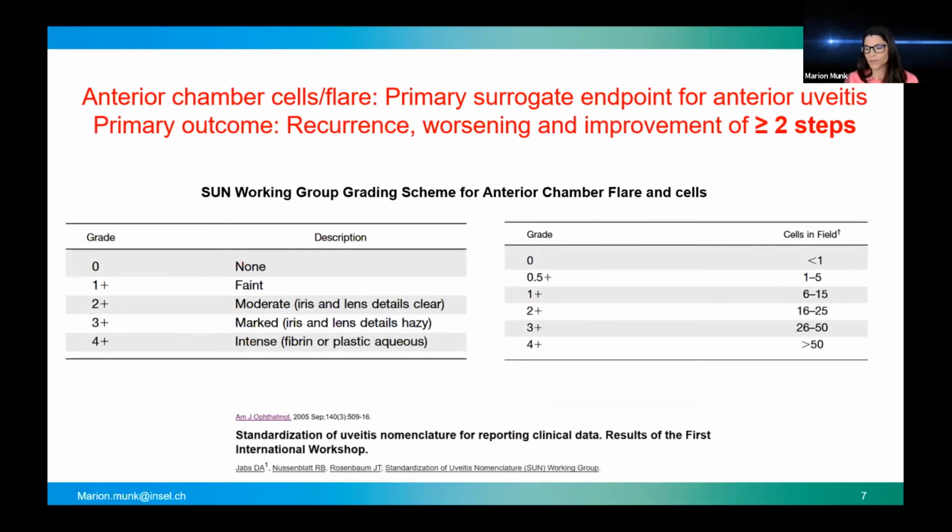And also, if you want to assess the efficacy of a new drug, it's very hard, because in order to reach the primary endpoint in all these clinical trials, you have to see at least a 2-step improvement. And when you imagine that we have a 5-step or a 6-step categorical measurement, you can already see that it may be quite challenging to really reach a 2-step improvement.